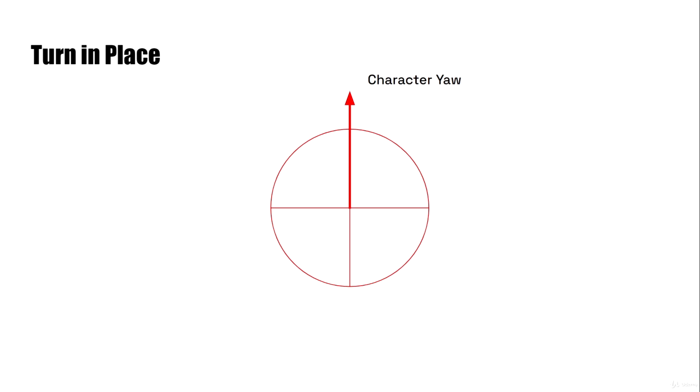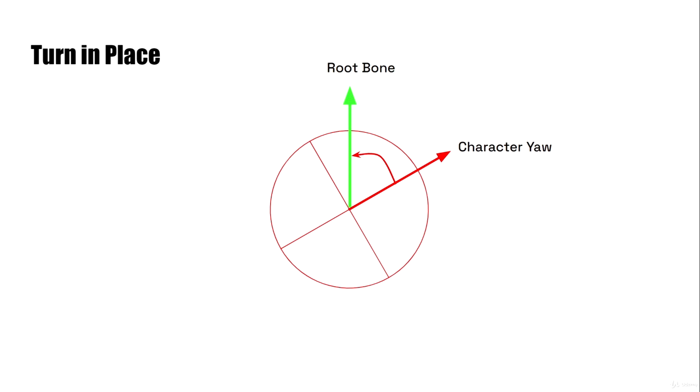So the yaw of the character, say if we used get actor rotation and got the yaw from that, then that will be changing along with our rotation of the mouse or the thumbstick on the console controller. So if we rotate by, say, 60 degrees, well, what we want is for the top half of the character to rotate, but the root of the character to stay.